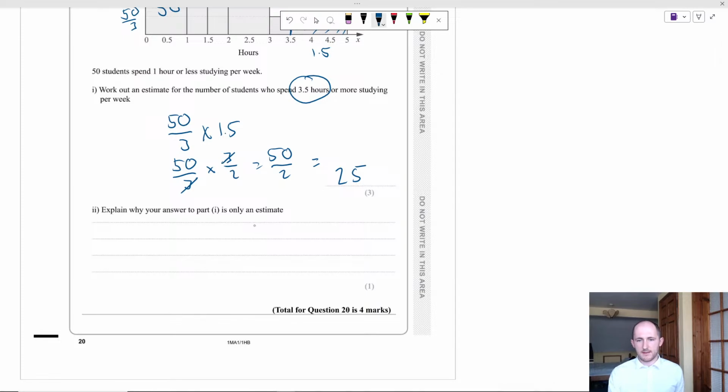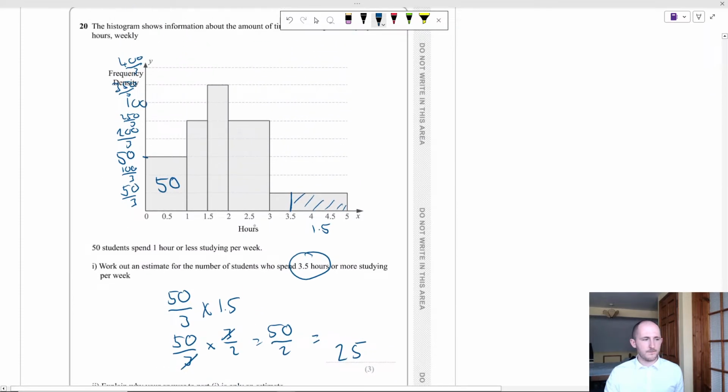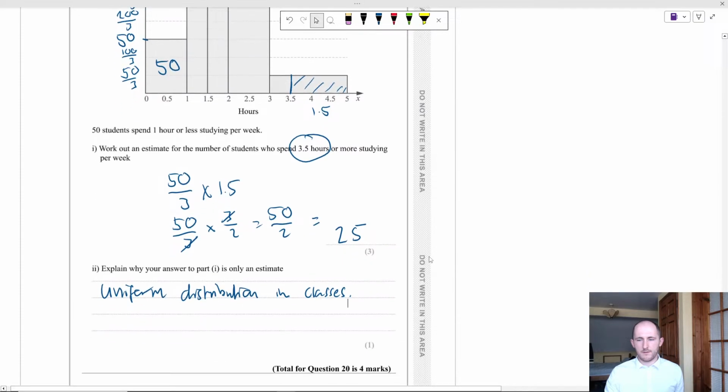So all we have to do is say that there is a uniform distribution in the classes. So hopefully that makes sense.